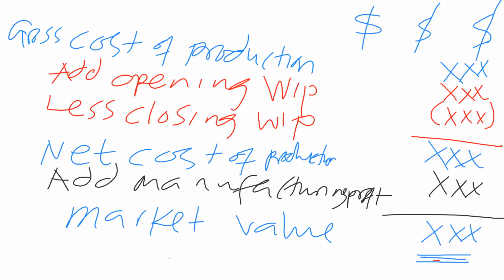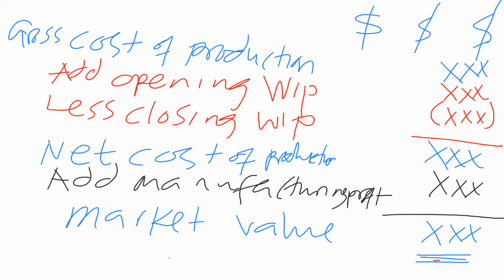If you don't have the information that there was a transfer on a manufacturing profit, then you end here, and post the net cost of production in the statement of the finished goods, like the income statement of the finished goods. That's where you end if you don't have the profit.